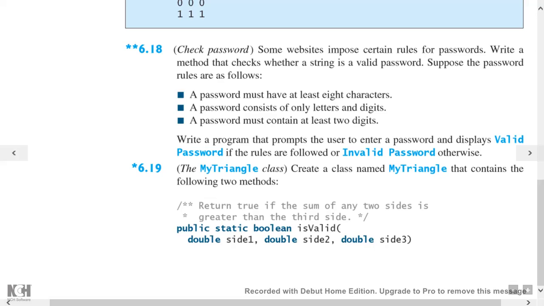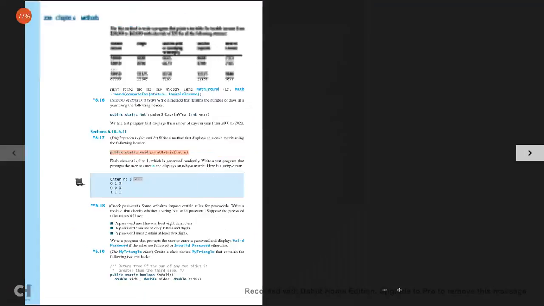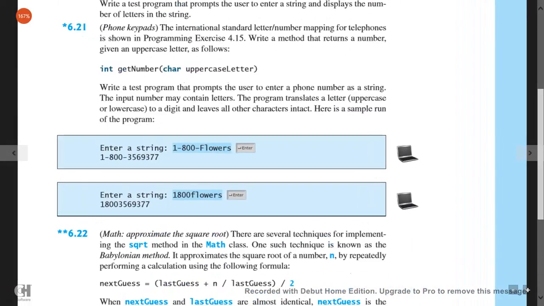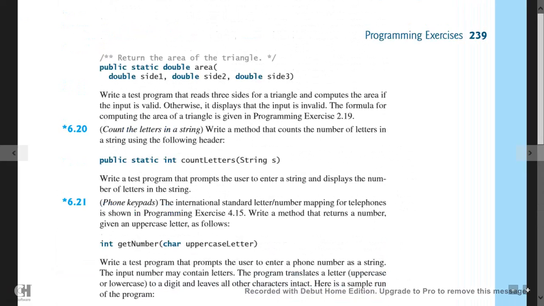So, folks, what you are required to do is create a class that contains the following two methods. Is valid returns true if the sum of any two sides is greater than the third. And the second method returns the area of a triangle.